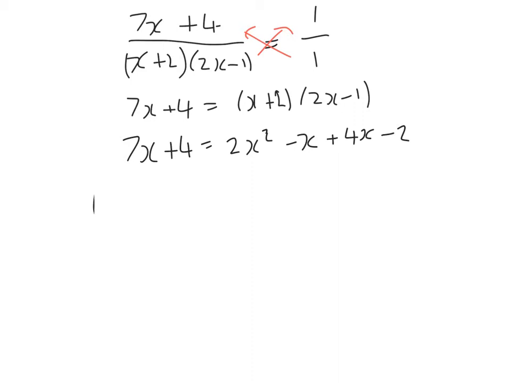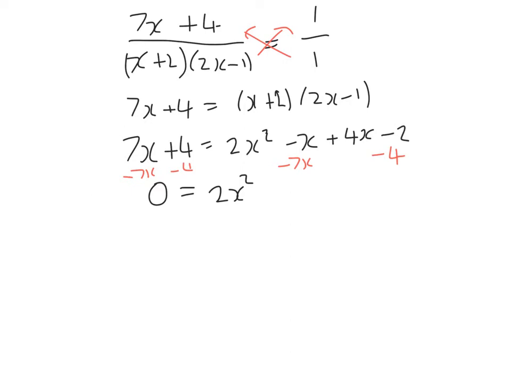That looks like a quadratic, and to solve a quadratic you need to have it equal to 0. So we're going to take off 7x from both sides and take off 4 from both sides. We would still have 2x squared. Now we have minus x and we have 4x, so that gives you 3x altogether.